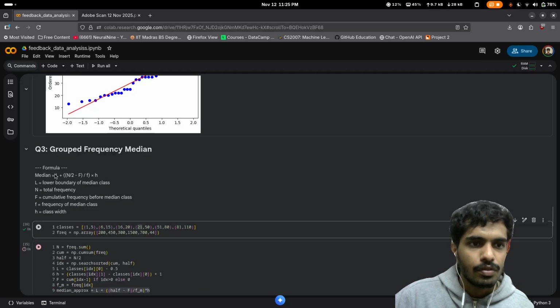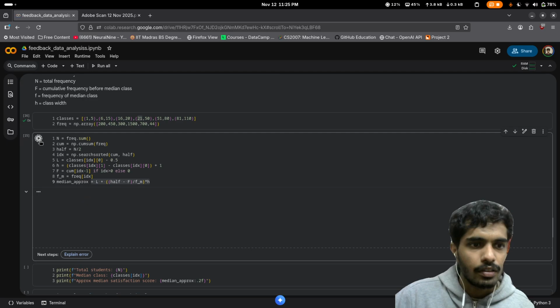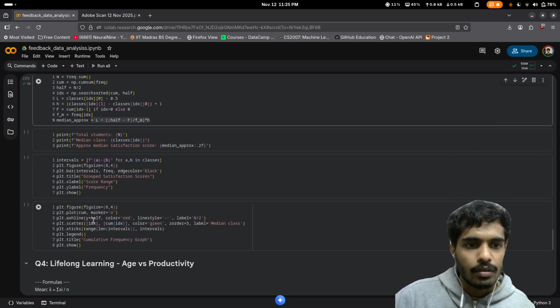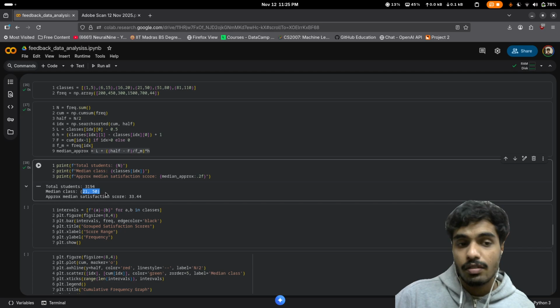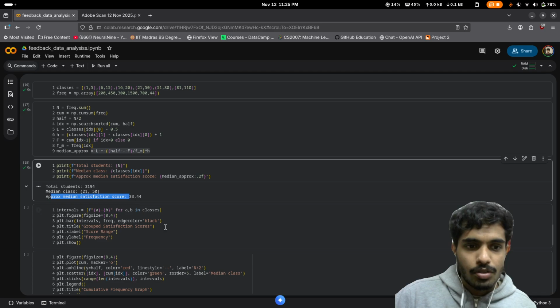Okay, let's run the first cell and then run the other cell to calculate the answers. Here we have a total of 3194 students. The median class found is 21 to 50, and the approximate median satisfaction score is 32.44.